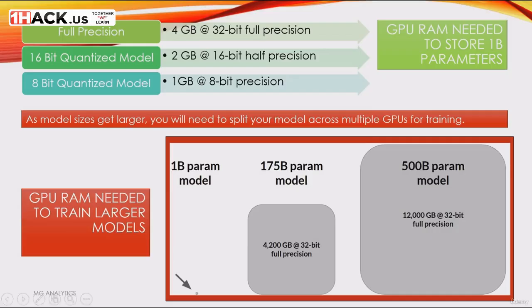So when the model size increases, you will have to split your model across smaller GPUs to train it, but still it will need a lot of compute, and it will not be feasible if you want to train something for just a trial or something.